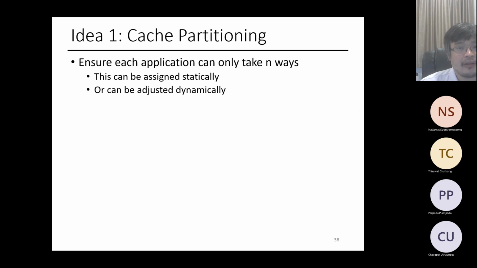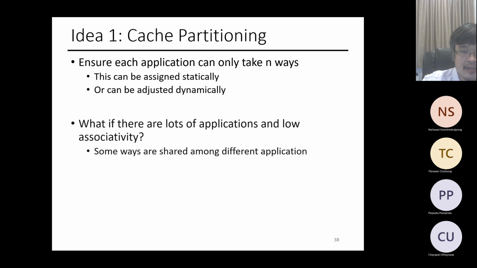So the first idea is called cache partitioning. It ensures that each application can only take, say, n ways of the cache. Let's say it's an 8-way associative cache. It means that for each cache set, each application can take n ways. This can be assigned statically, or adjusted dynamically. Unless you have lots and lots of applications, there's somewhere certain sharing amongst different applications.